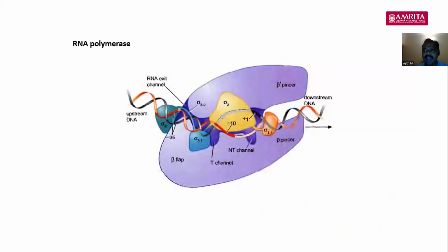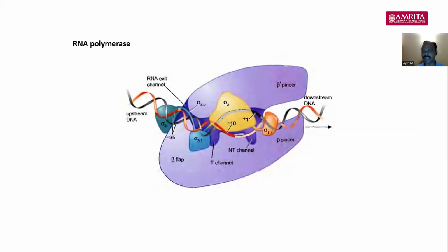Now I'll add another level of information. Listen very carefully. If you take an RNA polymerase, I told you it roughly looks like the claw of a crab. I told you there are two pincers, the beta prime pincer and the beta pincer. Now this diagram, you need not go into detail.